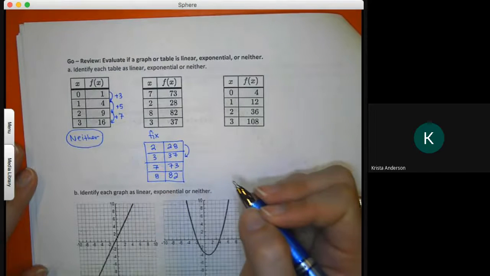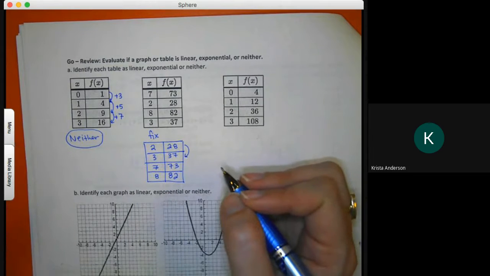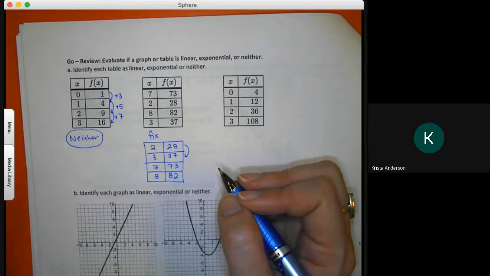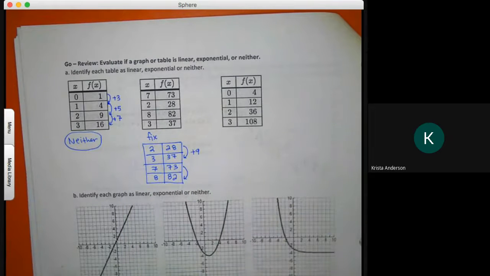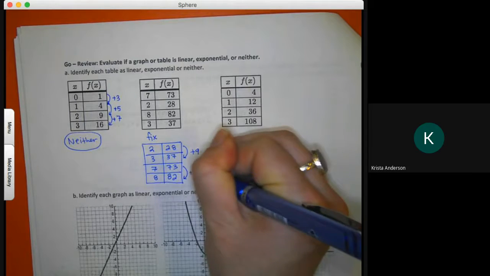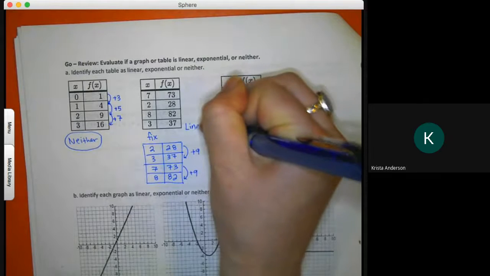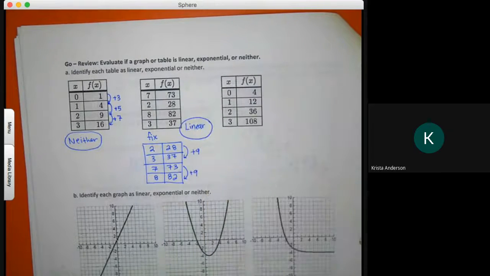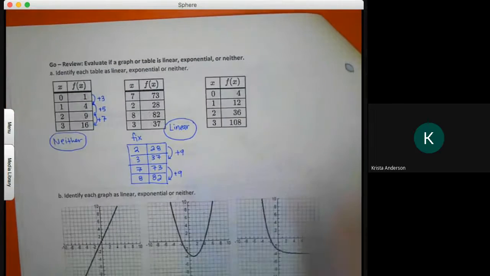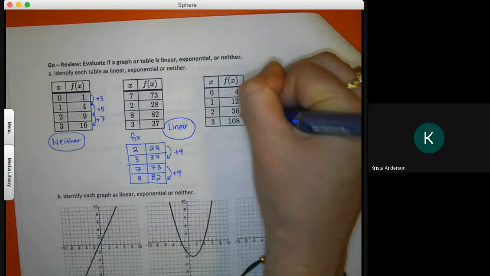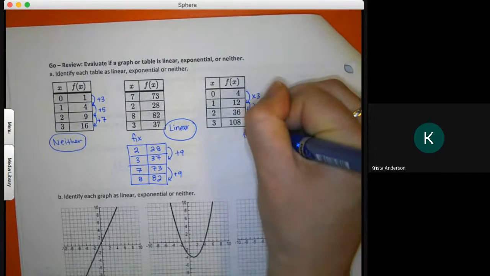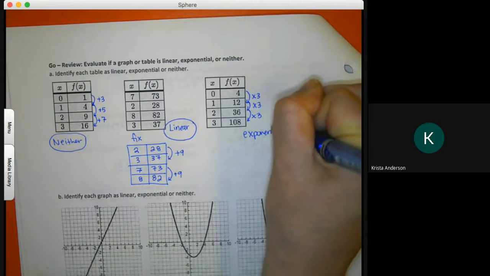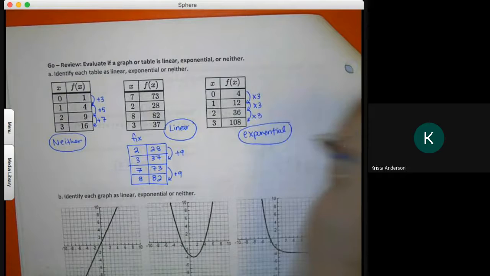The pattern from 2 to 3 would be 28, 37, adding 9. What's the pattern from 7 to 8? 7 to 8 and 2 to 3 are right by each other. I'm going to see if the patterns match. It's also adding 9. This would be linear. 4 to 12 to 36 to 108, that's multiplying by 3. Exponential.